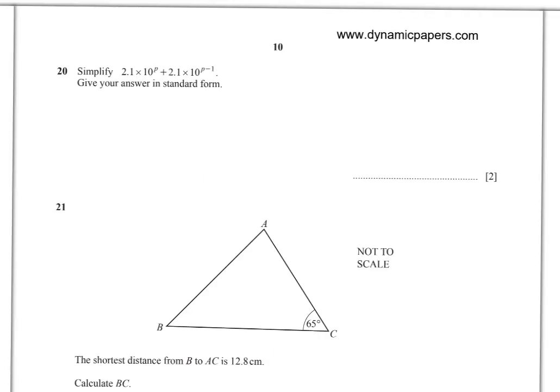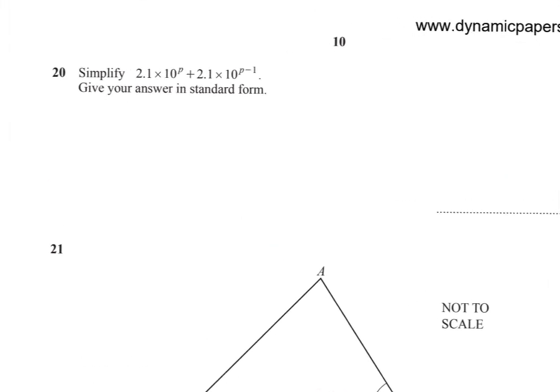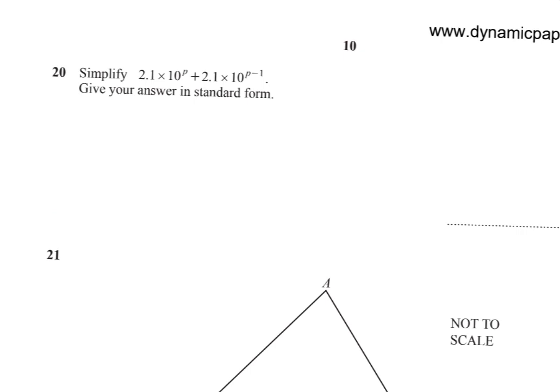Number 20. Simplify 2.1 times 10 power B plus 2.1 times 10 power B minus 1. Give your answer in standard form. If you have an equation like that, you can take 10 power B common. But before that, you can write 10 power B minus 1 as 10 power B times 10 power negative 1.